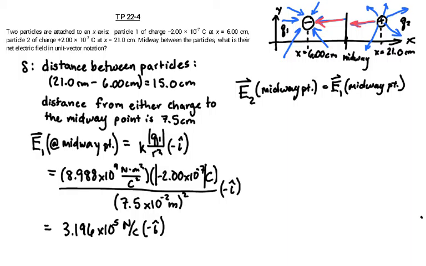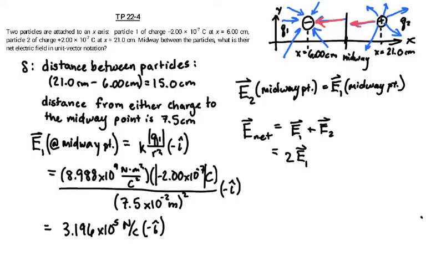So as I add up the electric field due to both particles, oops, too many E's there. I need to add up the electric field due to particle 1 plus the electric field due to particle 2. And since E1 is equal to E2, I can say that it is just 2 times the electric field of the first one.